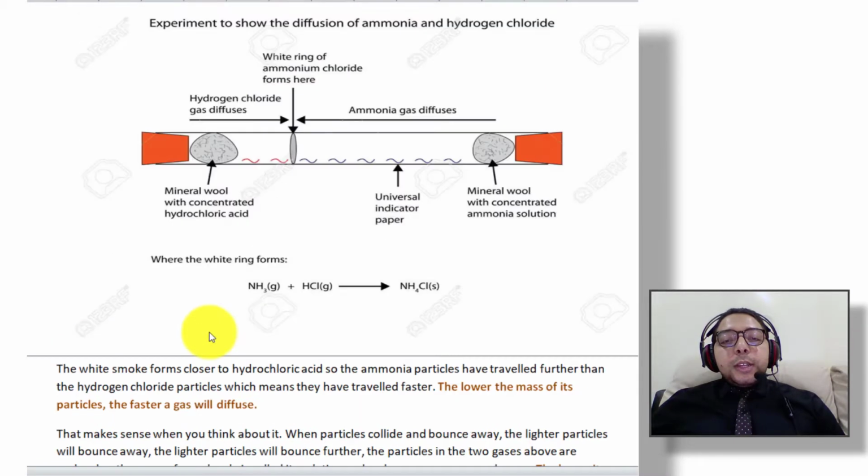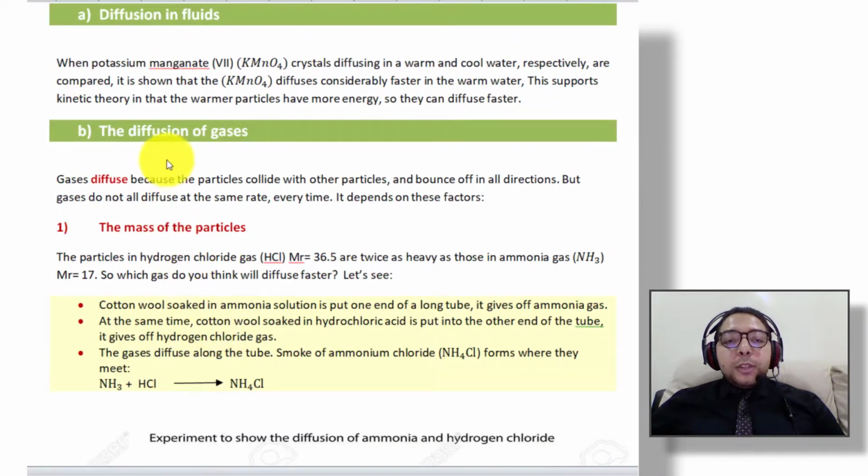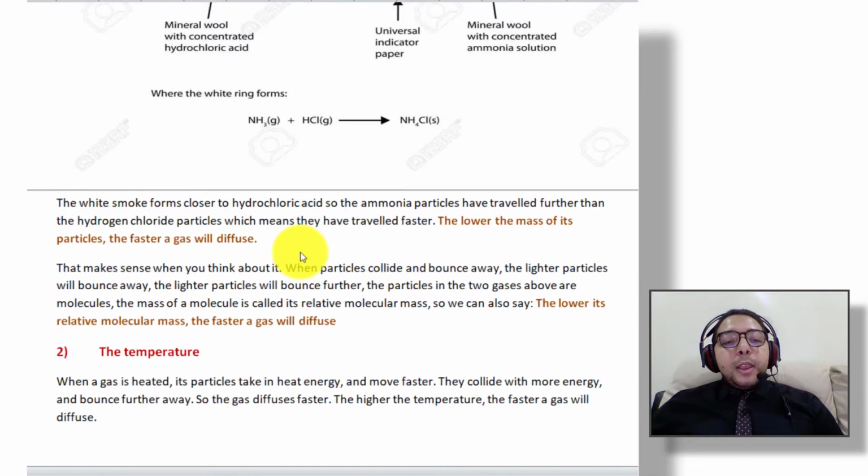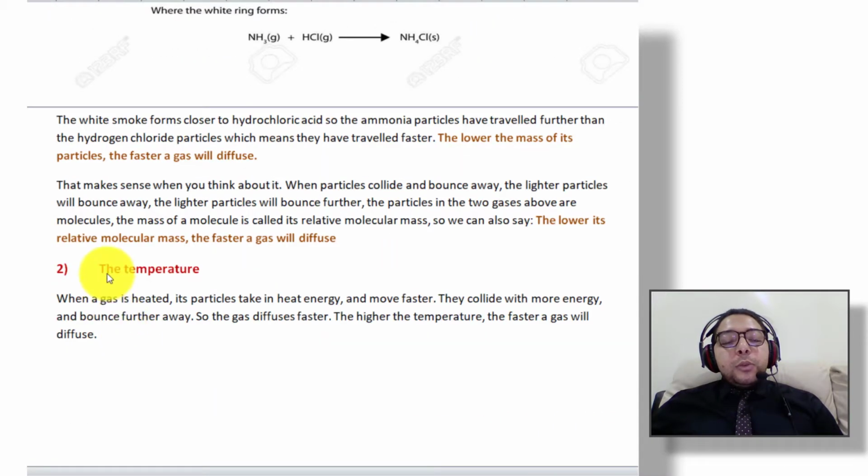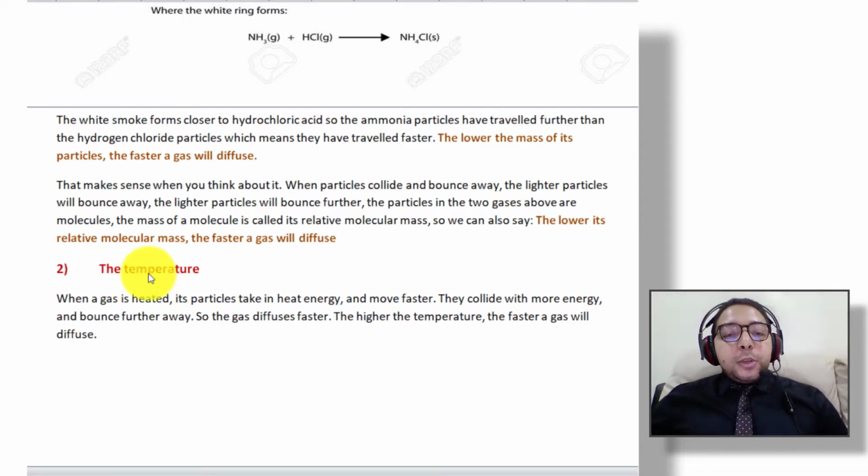So we have spoken about diffusion in gas. When it comes to the mass of the particle, we said HCl is heavier because it has 36.5 compared with ammonia, which has 17. So HCl is heavier, and it's going to move a little more slowly. The second point where we compare the movement of gases is temperature.